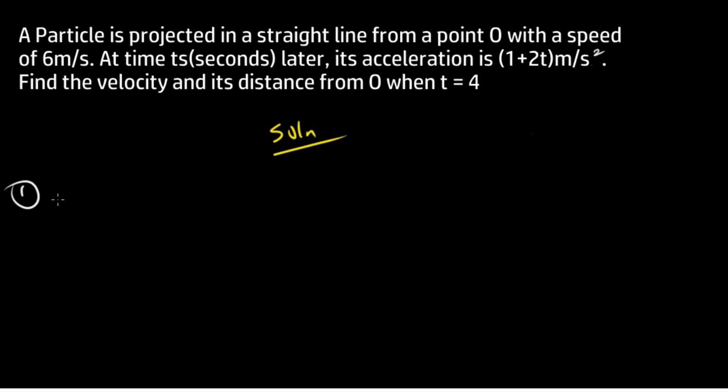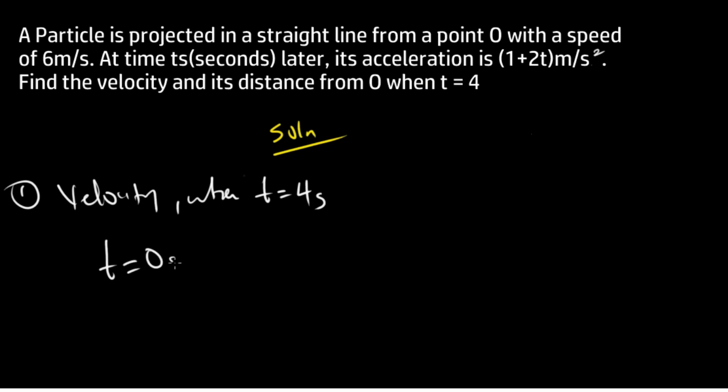For the first part, we are looking for the velocity when t equal to 4 seconds. If I go back to the question, we have that a particle is projected in a straight line from a point O with a speed of 6 meters per second. So I have my initial speed. When t equal to 0 seconds, that's the initial speed, I have my velocity equal to 6 meters per second.